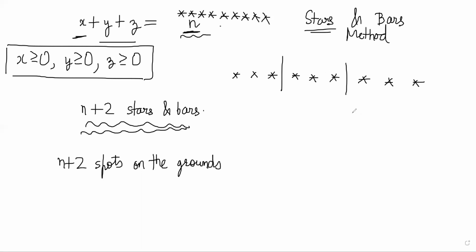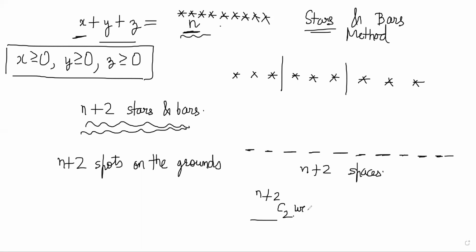Like suppose there are dots here. We know that there are n stars and two bars. There are n plus 2 spaces on the ground. So if you select any two spots for the bars, that can be done in n plus 2 C2 ways.